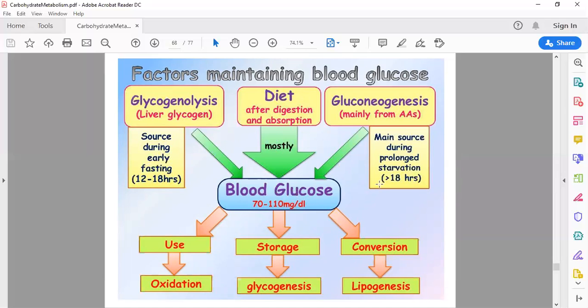In prolonged starvation, more than 18 hours, gluconeogenesis occurs, mainly from amino acids. If it is 12 to 18 hours, it is glycogenolysis. The blood glucose is then utilized for different purposes: oxidation reactions, glycogenesis and lipogenesis.